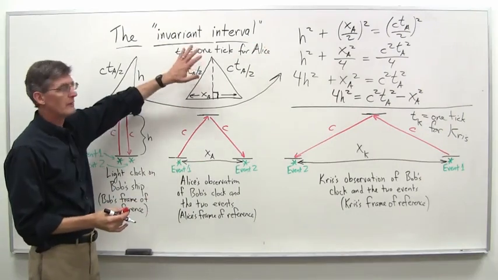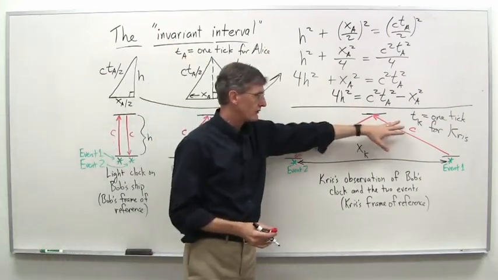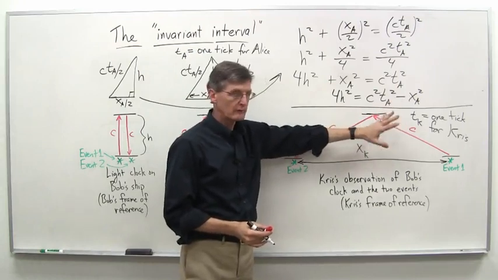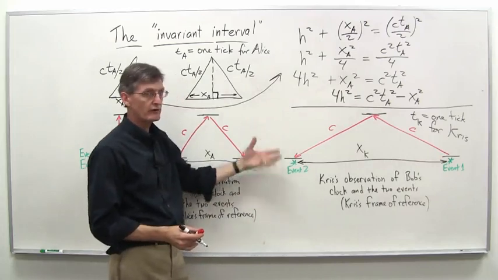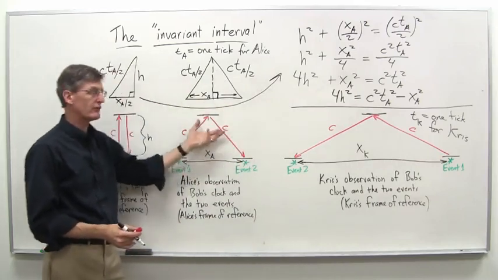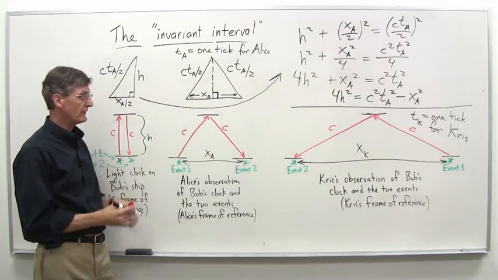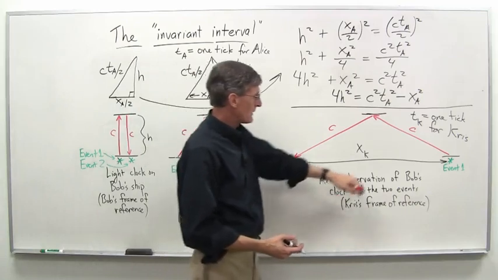So this is 1 tick on Bob's clock from Alice's perspective, her frame of reference, and 1 T sub k, 1 tick on Bob's clock from Chris's perspective. Of course, 1 tick, again, is all the way up there, all the way down there. So she will see slower ticks than Alice will, and they both see slower ticks than Bob does, the time dilation effect there.